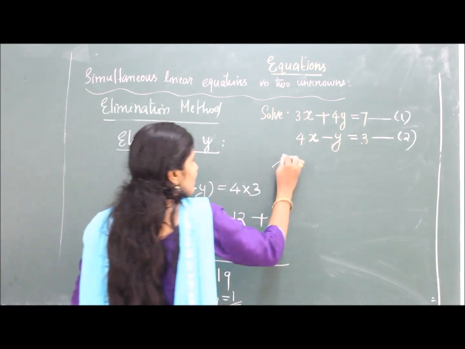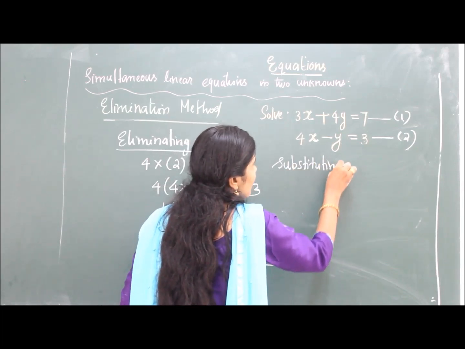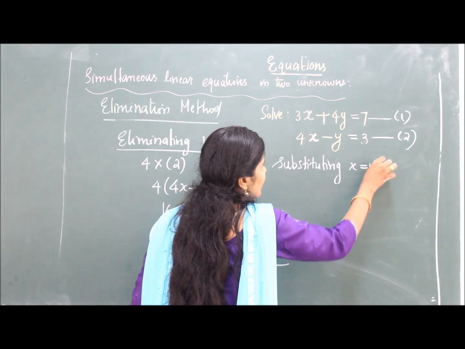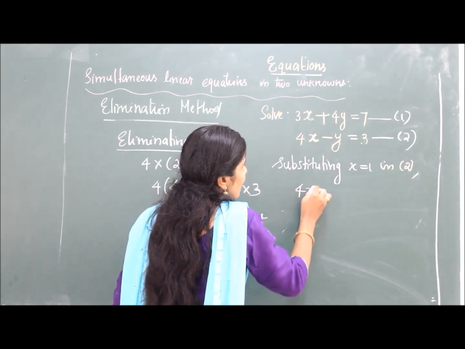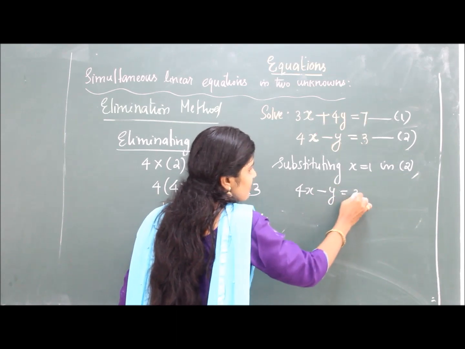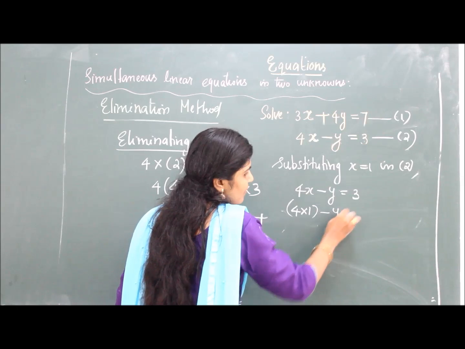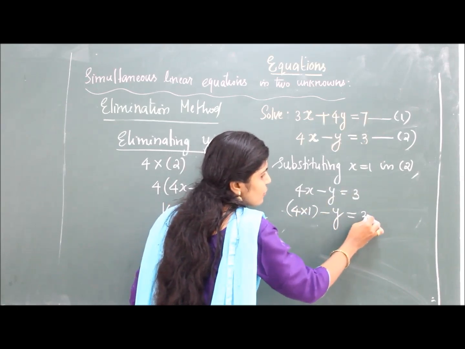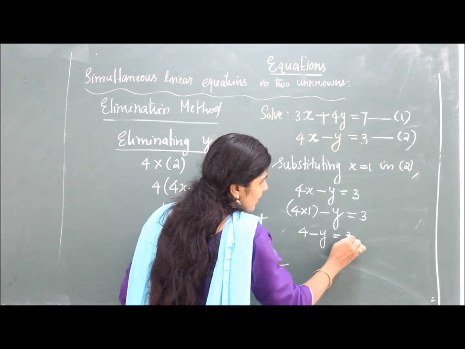Okay. So substituting x is equal to 1 in the second equation. What will you get? 4x minus y is equal to 3 is our second equation. If I substitute 1 for x, the equation becomes 4 times 1 minus y is equal to 3, which is 4 minus y is equal to 3.